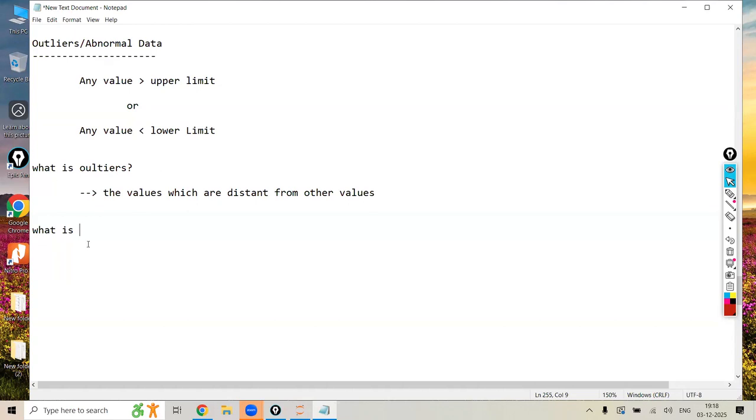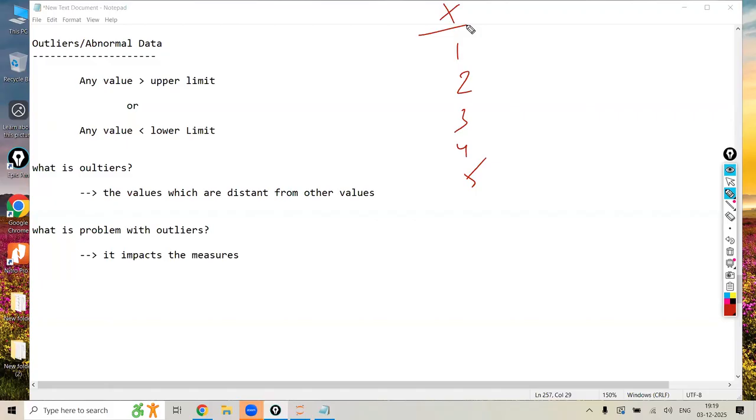What is the problem with outliers? If outliers are available in the data, what happens? It impacts the statistical measures. For example, take 1, 2, 3, 4, 5. What is the average value?